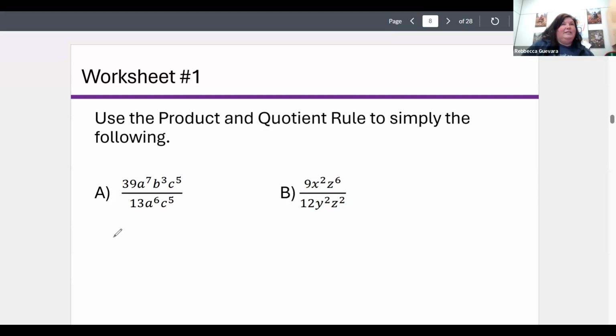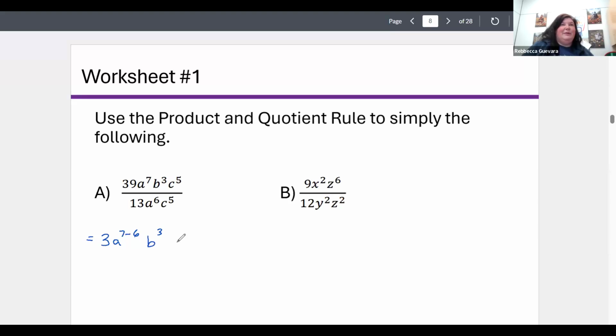All right, so hopefully you had some time there. So for A here, we have 39 divided by 13, which is going to leave us with 3. We have A to the 7, and we have A to the 6. So we're going to have A to the 6 minus 7. B, as you see, there's no other B here. We're just going to have B to the 3rd.